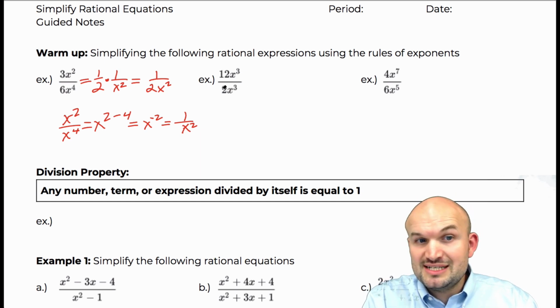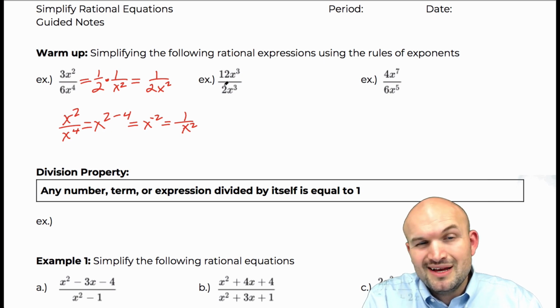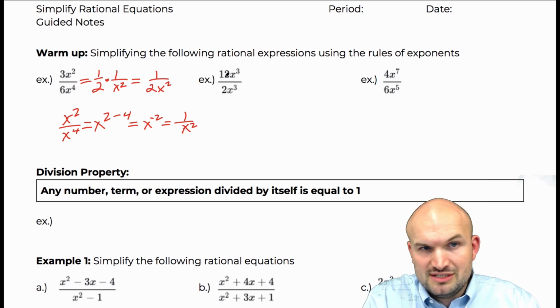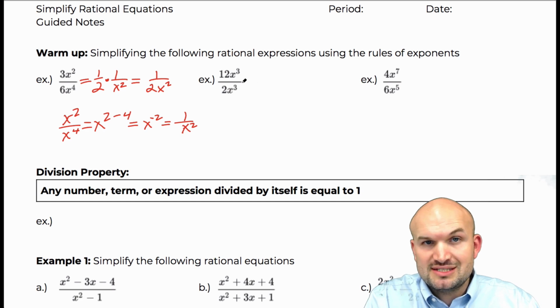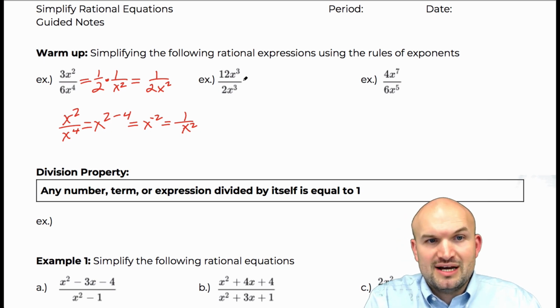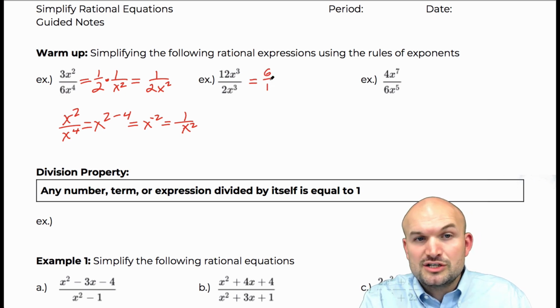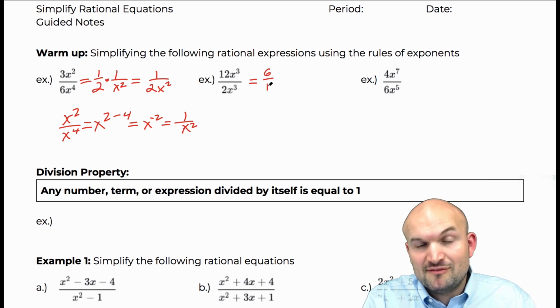On this next one, you can see that they have a common factor of 2, so you could divide the top and the bottom by 2. The 2 divides into that 12, leaving us with a 6. One question is whether this 6 is in the numerator or the denominator. If you divide the top and the bottom by 2, you get 6 over 1, which really just reduces to 6, but it's important to understand that the 6 is in the numerator and we have a 1 in the denominator.